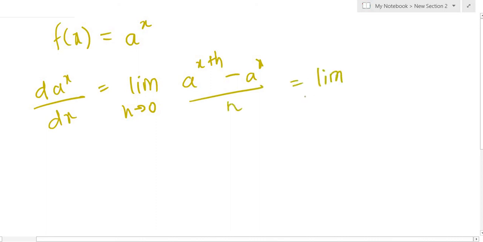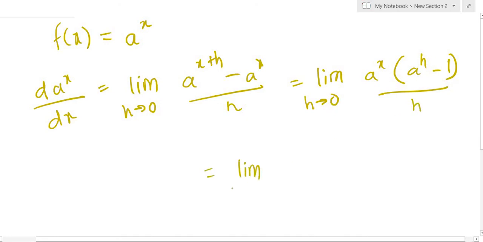Now I won't write it as a product, I'll just factorize it out. a raised to h minus 1 all over h, and this doesn't go to 1, but instead it goes to the natural log of a. This is going to be a raised to x times the natural log of a. And no h terms now, it's just a constant. A raised to x times natural log of a.